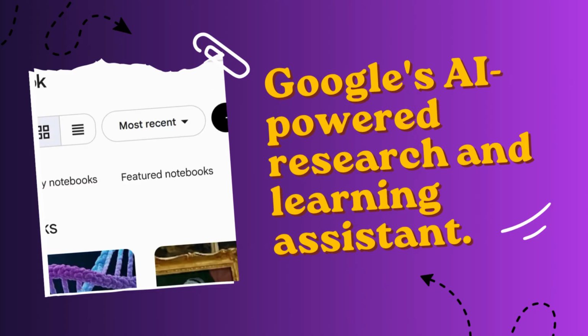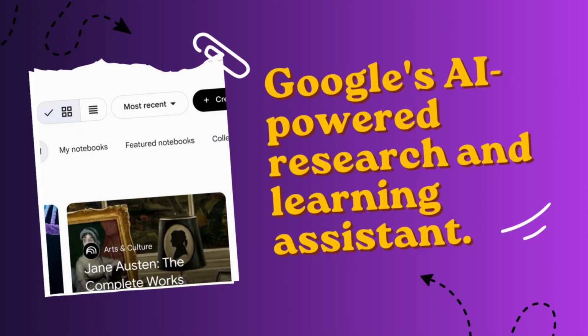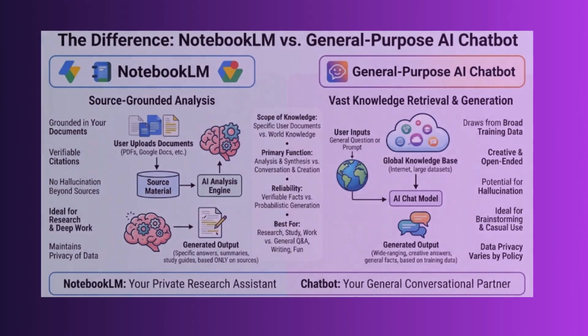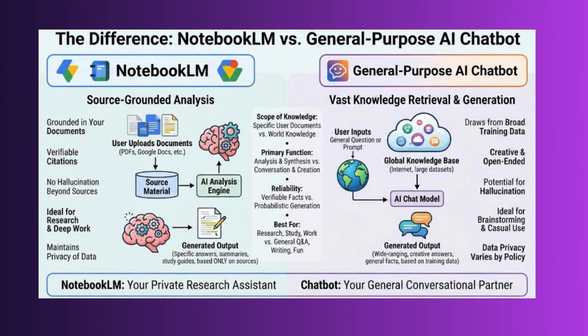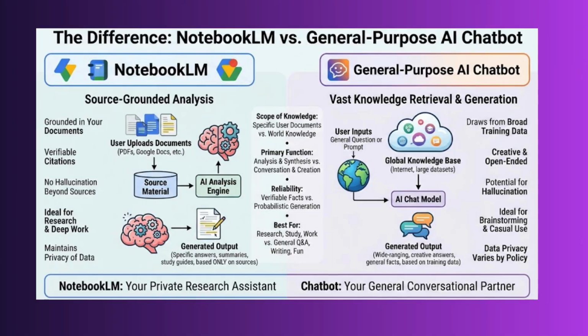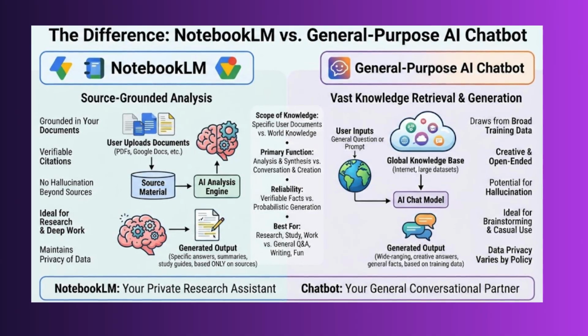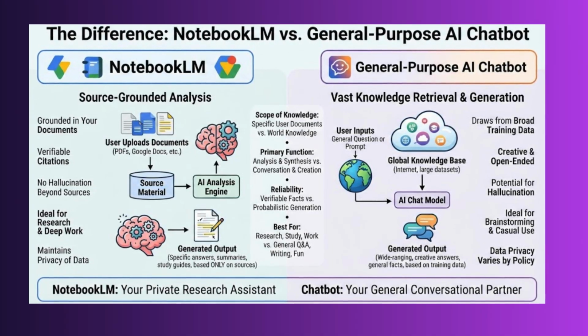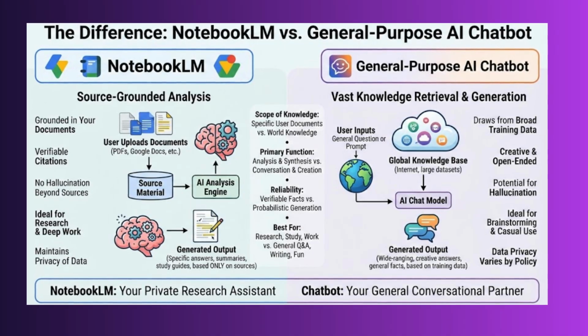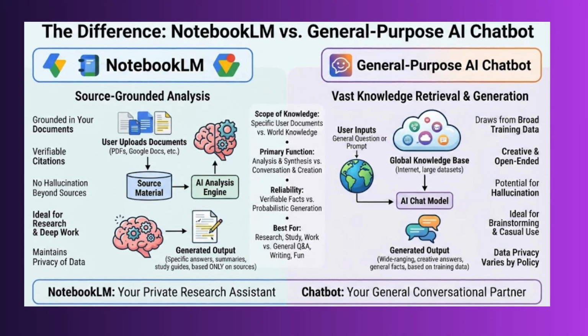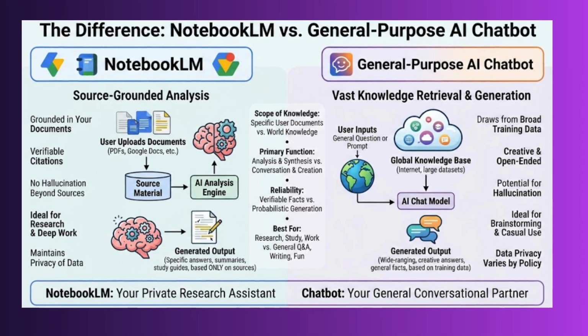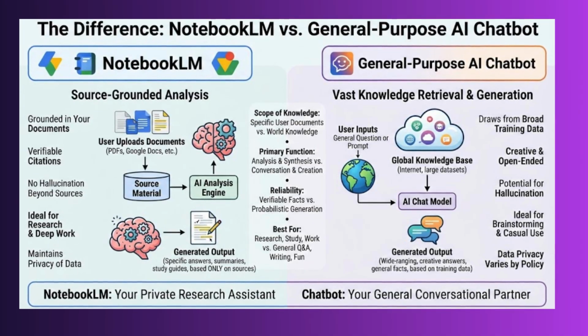NotebookLM is Google's AI-powered research and learning assistant. But there is an important difference between NotebookLM and a general-purpose AI chatbot. With a normal chatbot, you might ask, "Tell me about this topic," and the AI generates an answer based on its broader knowledge.